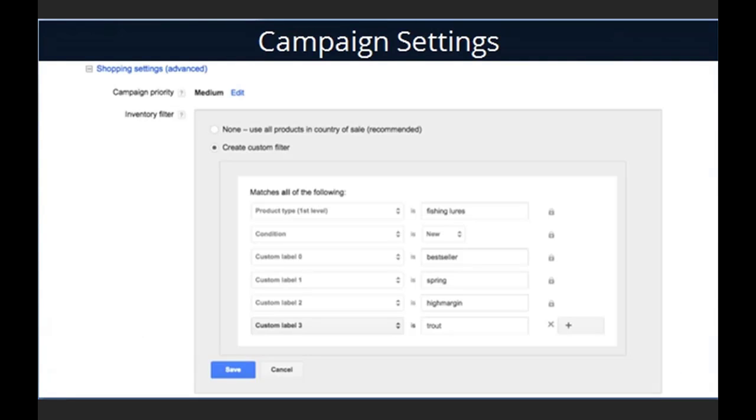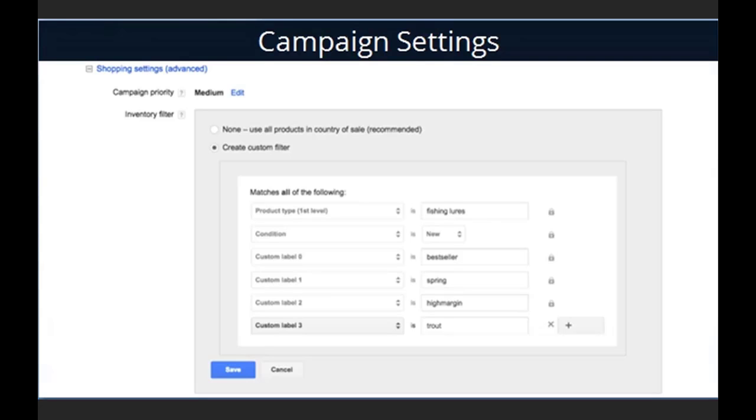This brings us to understanding two unique settings that are applicable to shopping campaigns only. Let's start with inventory filters. Shopping campaigns work on product targeting, and filtering the right products to target from these campaigns becomes important. Google provides us with an inventory filter option at a campaign level. Inventory filter can be applied on product type, brand, category, and custom labels.